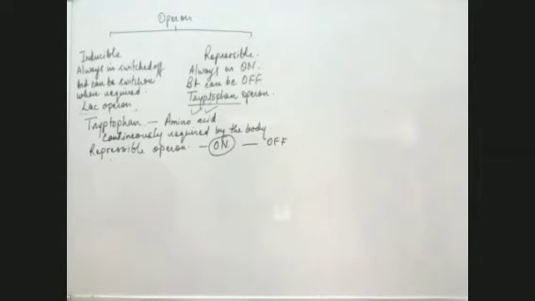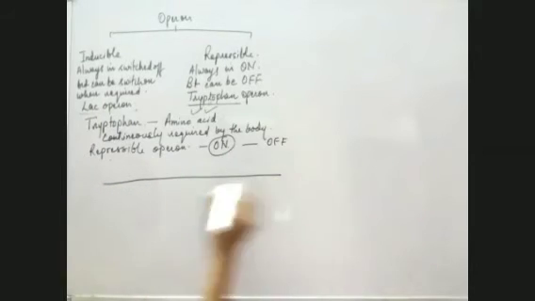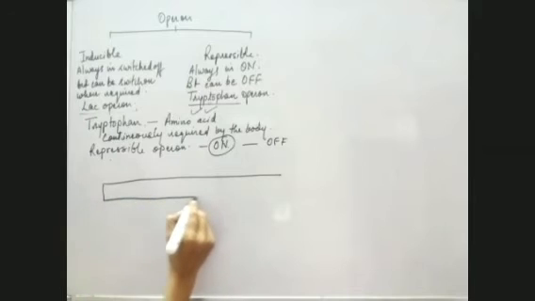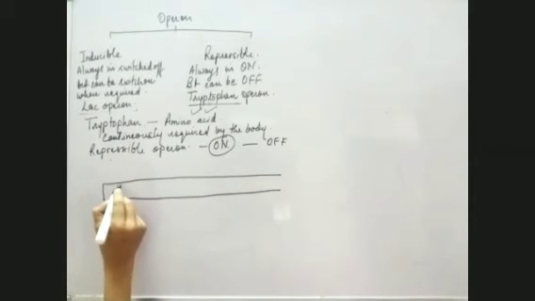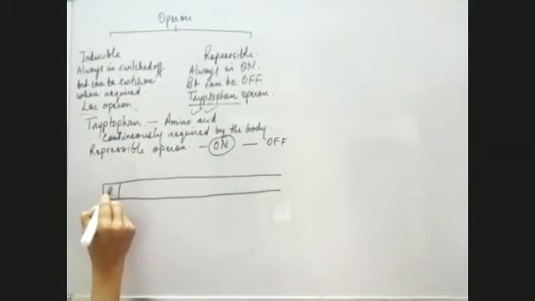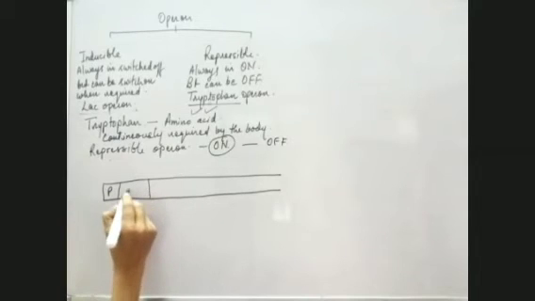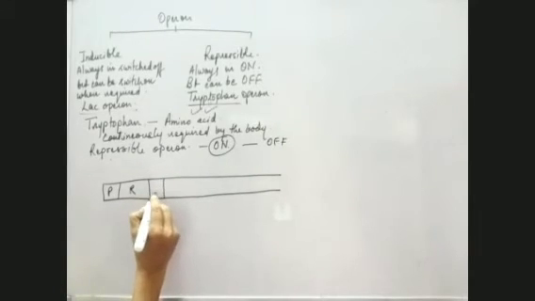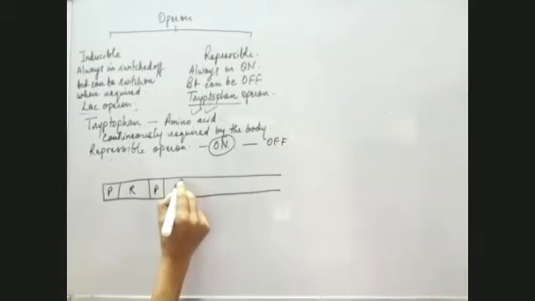Now, when we see the operon, how does it look? We have the same type of operon DNA segment. Here we have P, the promoter site. Then we have R, the inhibitor site, which produces repressor protein. Then we have another P site. Then we have the operator site.